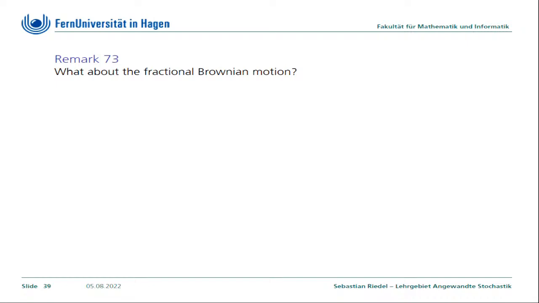My final remark, I want to discuss the fractional Brownian motion, because this is how I started to motivate the course a bit. So what about the fractional Brownian motion?